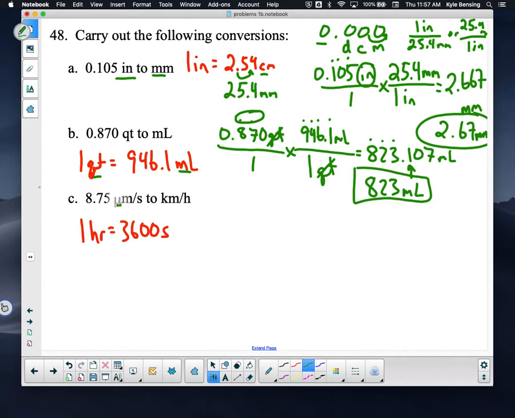I'm going from micrometers per second to kilometers per hour. Notice I have micrometers and kilometers. That means I'm going to do a prefix to prefix conversion. Prefix to prefix conversion will look like this. There's my ones place with meters, liters, and grams.